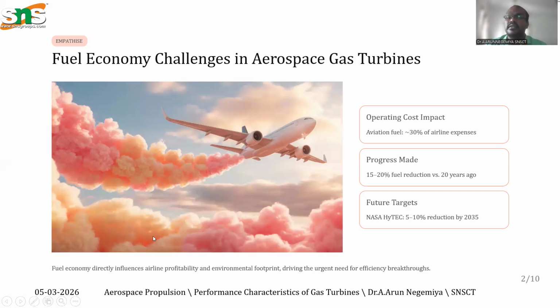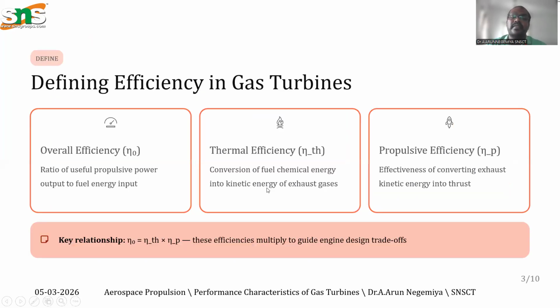And the next one is future targets: for NASA, a 5 to 10% reduction by 2035. By implementing NASA research, fuel utilization can be reduced by 5 to 10% in 2035.